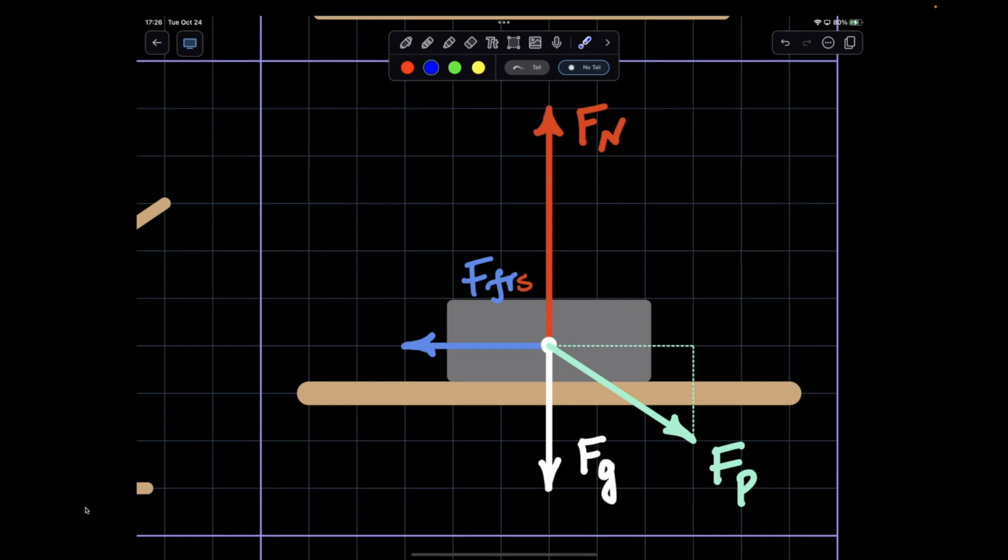So normal force in this case, I will say force normal equals force of gravity plus Fp, if this is my theta, times sine of theta. They have to add up in order for our object to be balanced vertically. Now, in terms of horizontal, I know that this right here is my static friction, and it equals exactly force of pull X, the horizontal component of my force of push or pull.